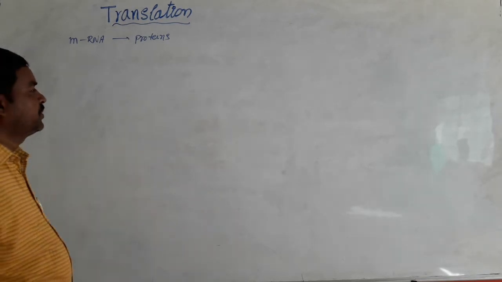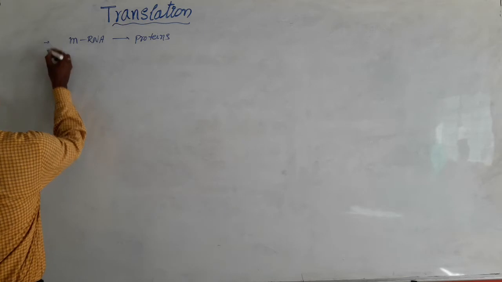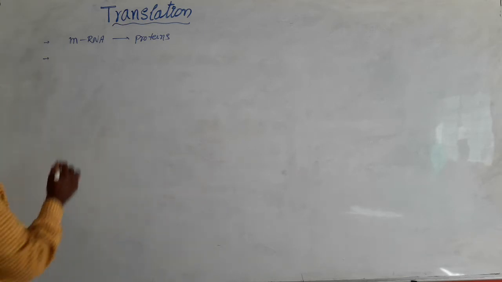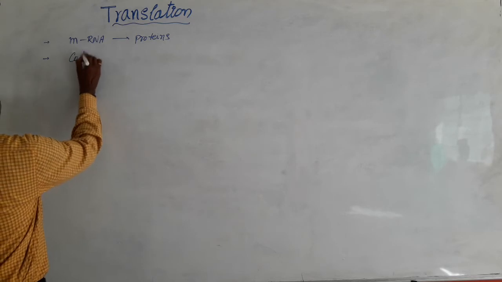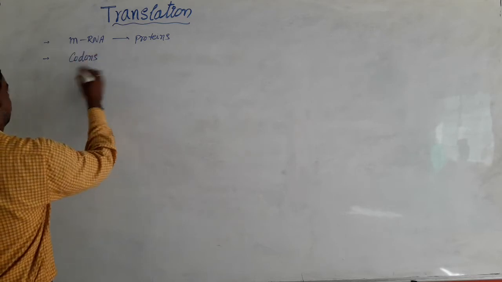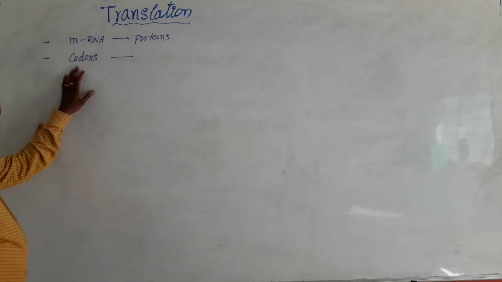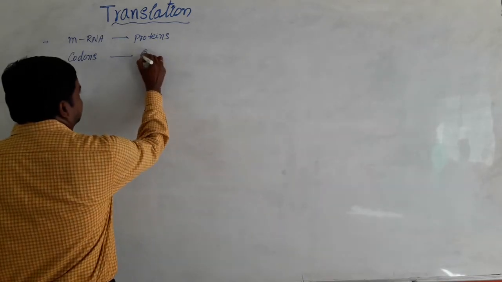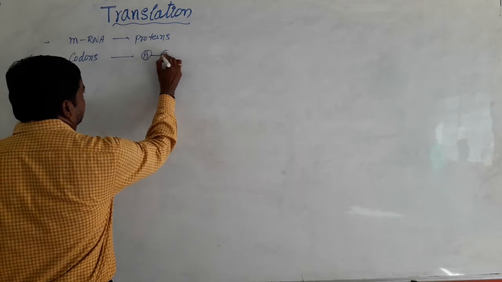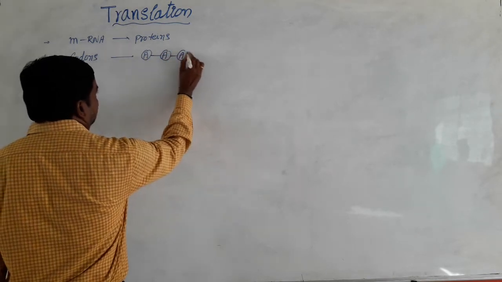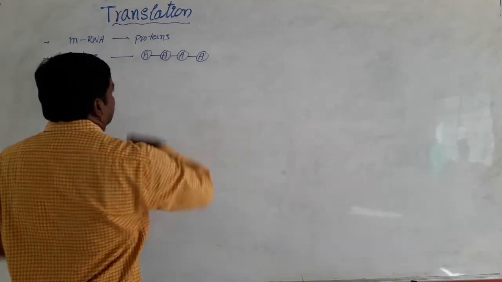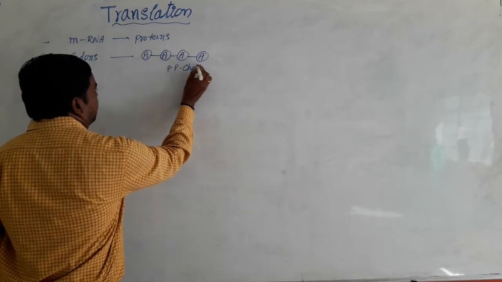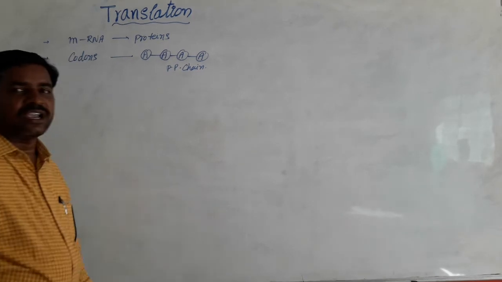Okay. So here, during the time of this translation, as per the codons of mRNA, based on the sequence of the codons of mRNA, amino acids are linked one to each other, leading to the formation of a polypeptide chain.